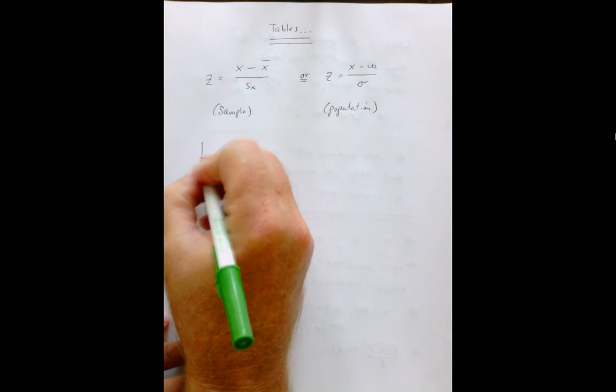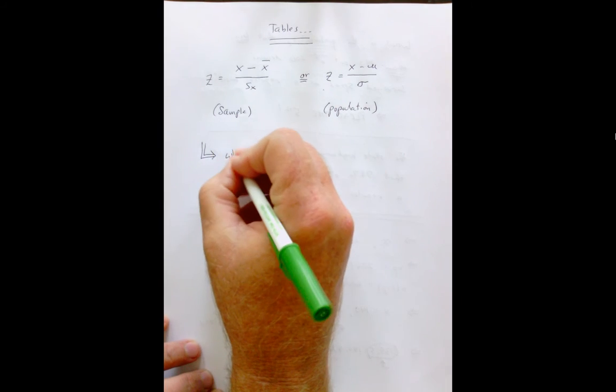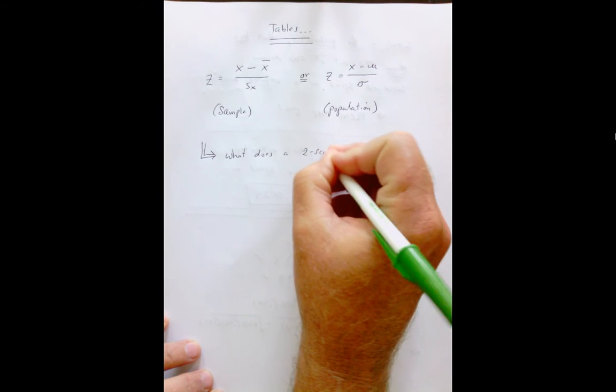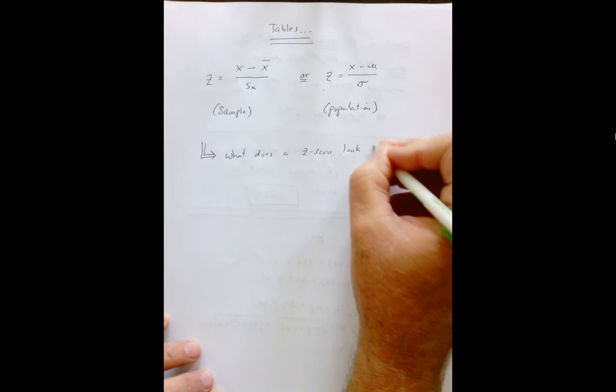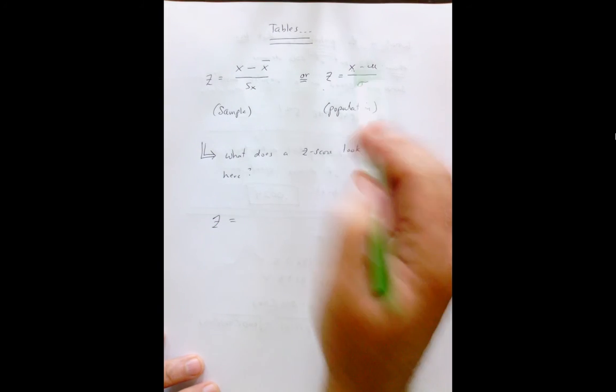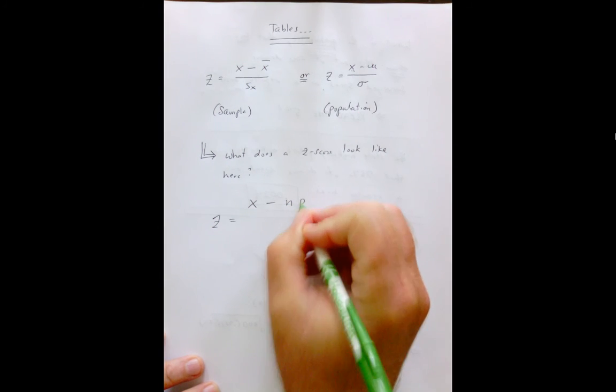All right. What does a Z-score look like here? Well, let's think it through. X is well known in these types of problems. Mu, again, depending on the way you solve your problem, but let's just say we use what I call the easy way.